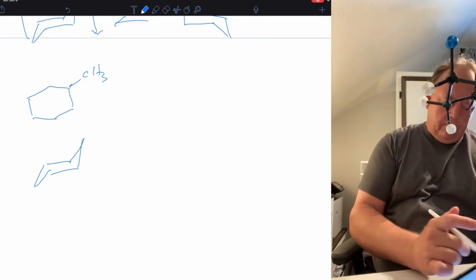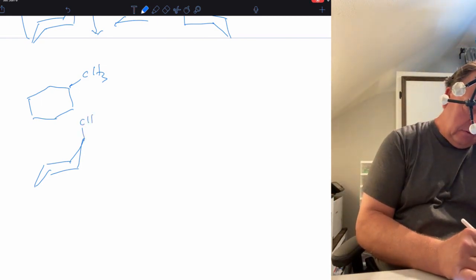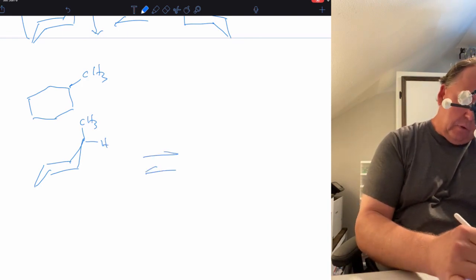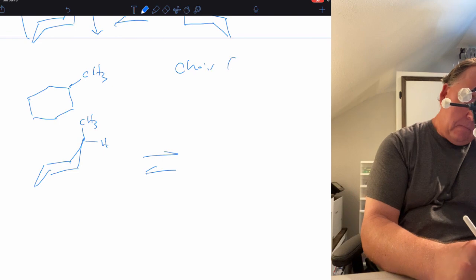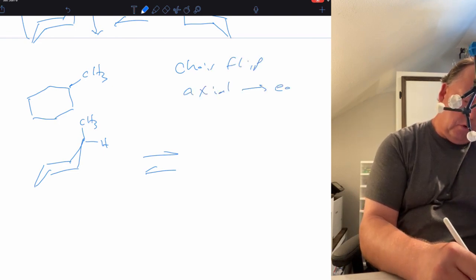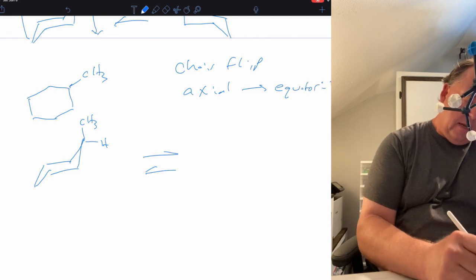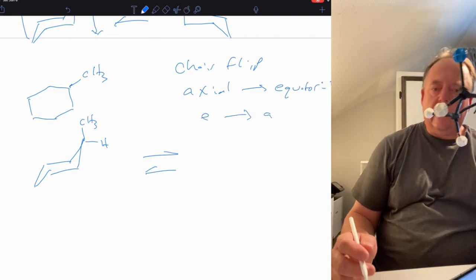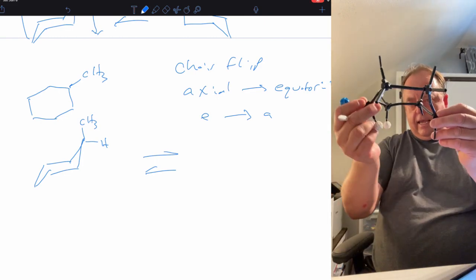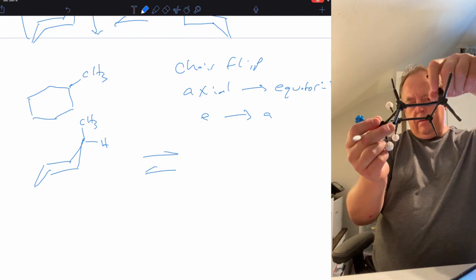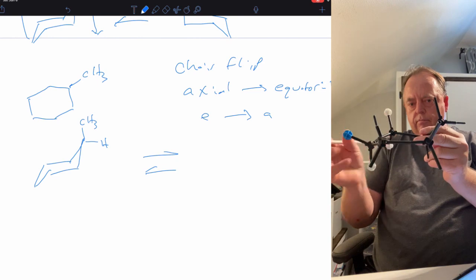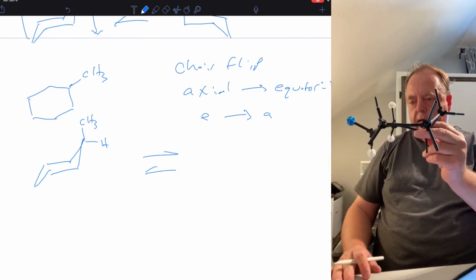So that methyl group could be in an axial position, or if it did a chair flip, whenever you do a chair flip, anything that's axial goes equatorial, and anything that is equatorial goes axial. So everything swaps position. You can see that here. If I take this carbon and bend it down, and then the back carbon bend it up, so I have the opposite chair, you can see that now the blue atom is in the equatorial position.